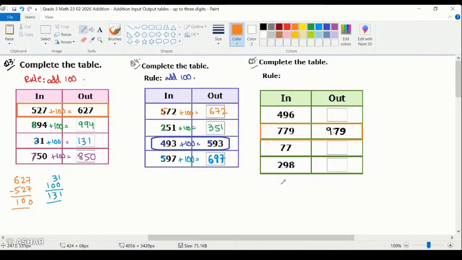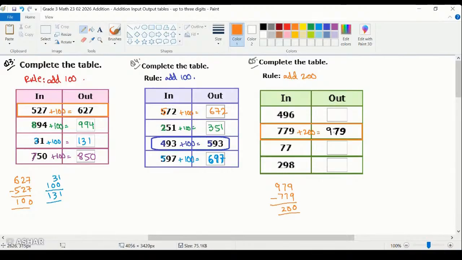So we can find the difference of these two numbers. 979 minus 779. It increases by 200. This becomes 0, 0. 9 minus 7 was 2. That means the rule is add 200.